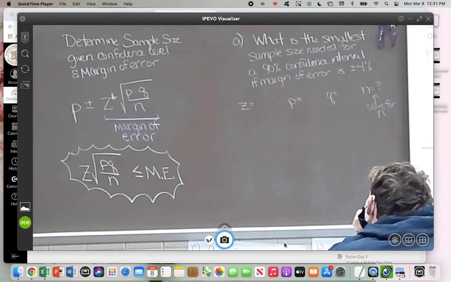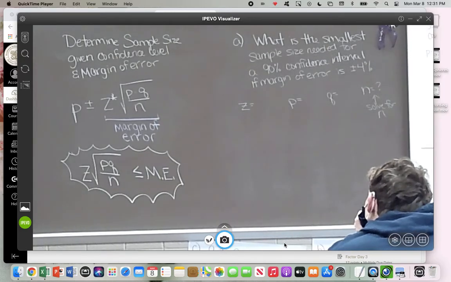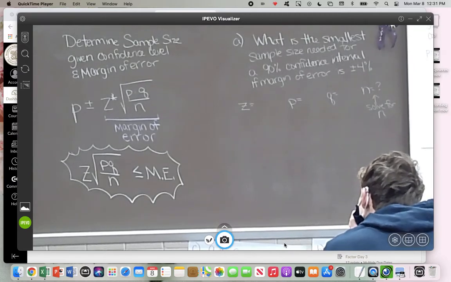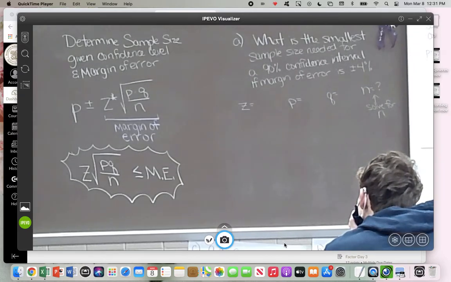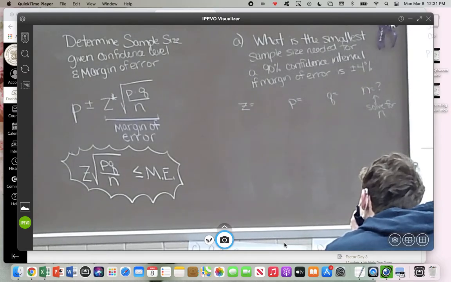So we don't want our margin of error to be more than 4%. If we do this, we have to know the z-score from the table, and then we have to know the probability of success and failures, and once we do that, we can solve for n.